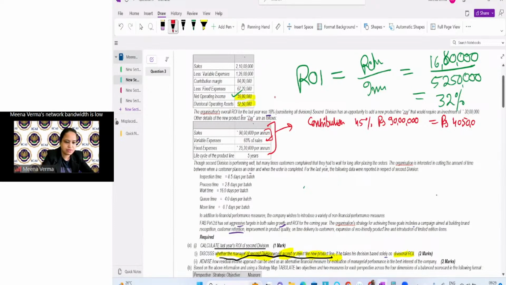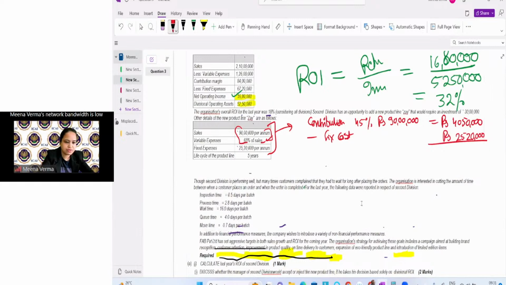This is the operating income you are earning. So the operating income is coming as 1530 rupees. This is my operating income.